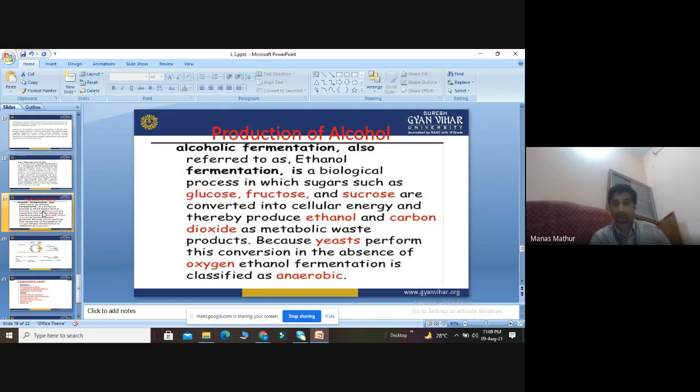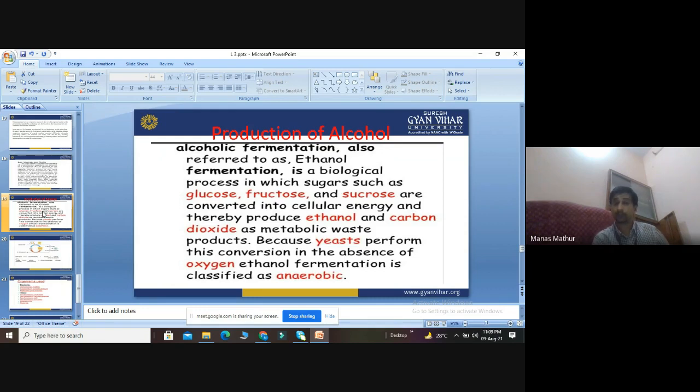The next topic is alcoholic fermentation. We also call this ethanol fermentation. It is a biological process in which we use sugars like glucose, fructose, and sucrose, and they are converted into cellular energy form.